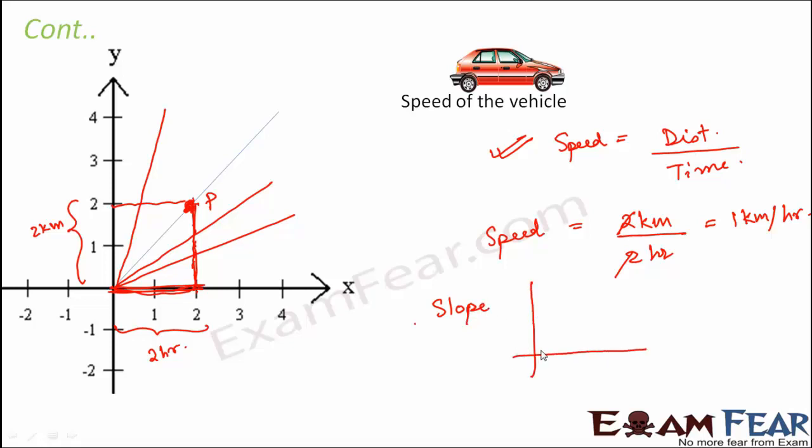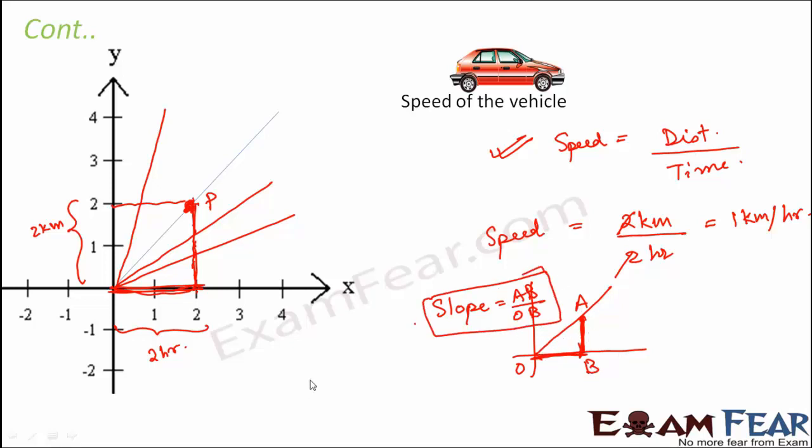Let's say this is a straight line. If I ask you what is the slope of this line, it is going to be this divided by this. So if this is A, this is B and this is O, then slope is going to be AB by OB. So that is how we define slope.